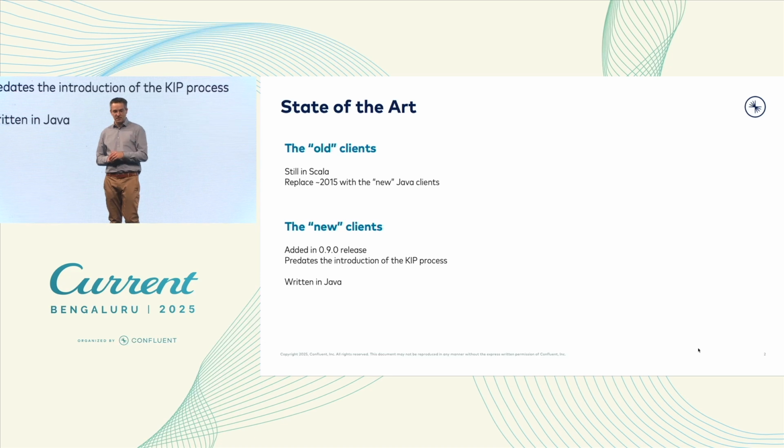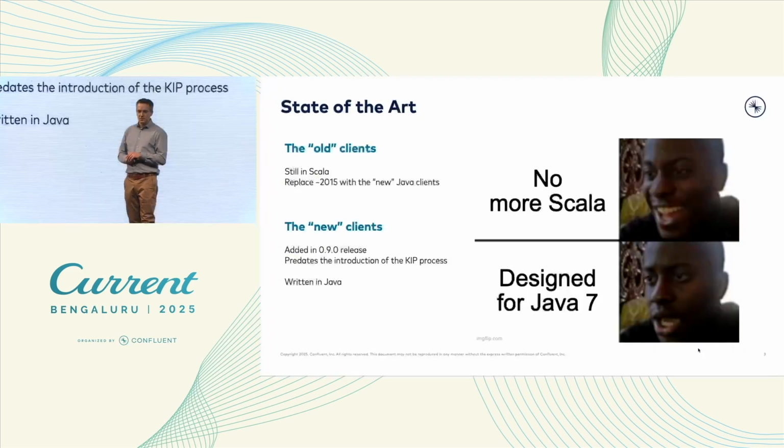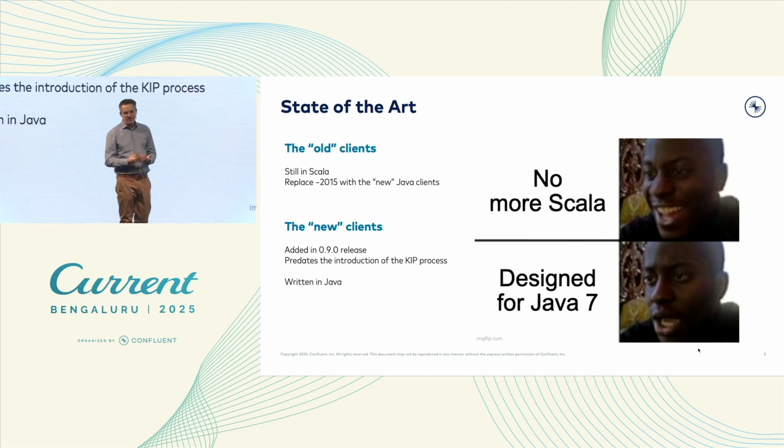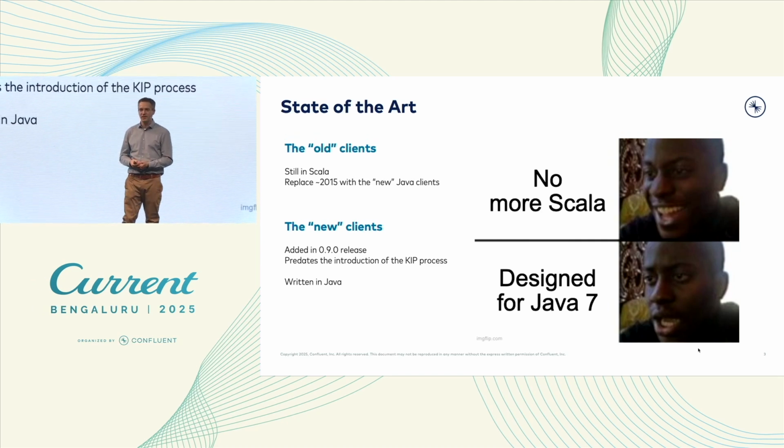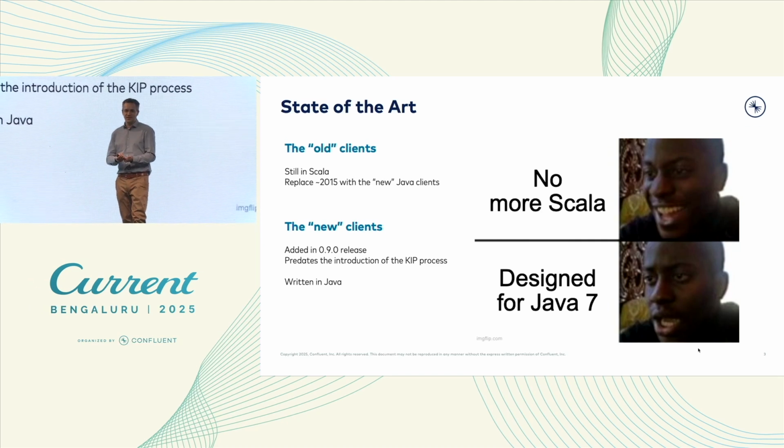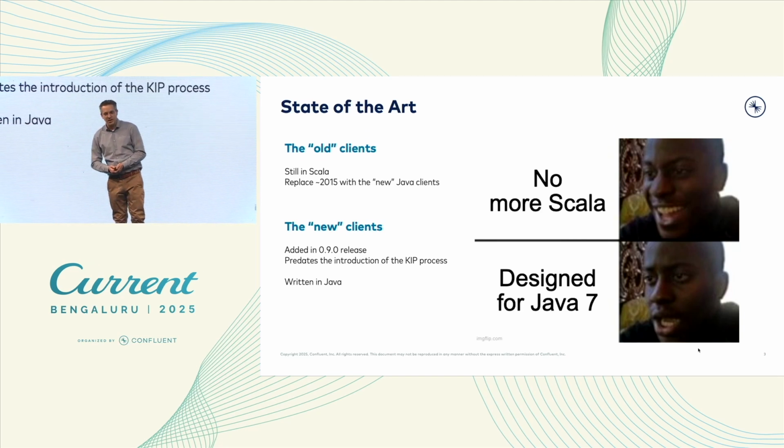The good thing was it was written in Java, so we got rid of Scala. But it was still designed for Java 7, because that was back in the day. That is one reason why we have the interface built the way we have it now, because those design decisions are still there. You cannot just get rid of that.